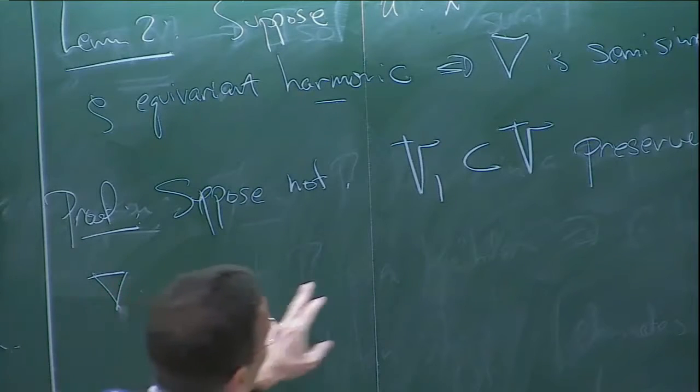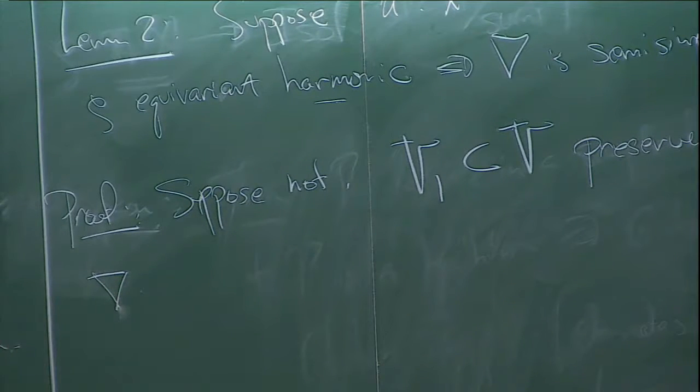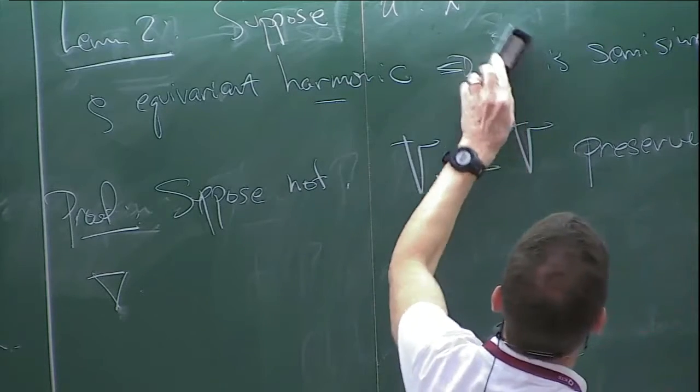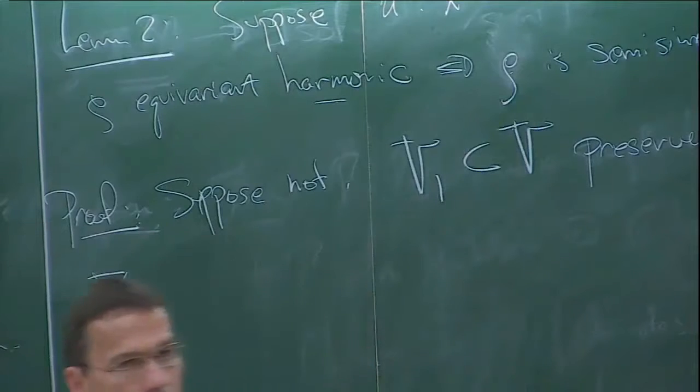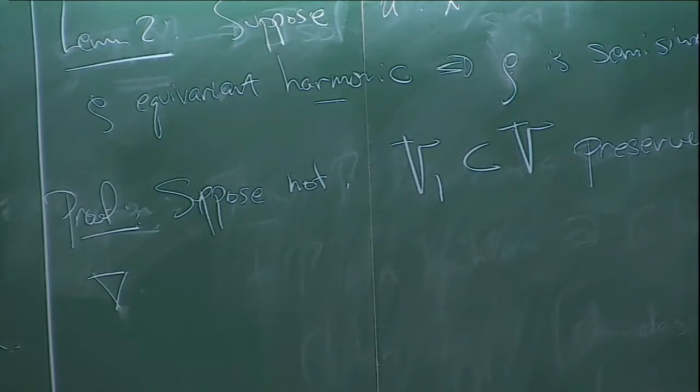So suppose it's not semi-simple, so I have a sub-bundle that's preserved by the connection. That's right, it implies rho is semi-simple. I'm going to confuse those two issues. The flat connection is semi-simple if there's no invariant subbundle.